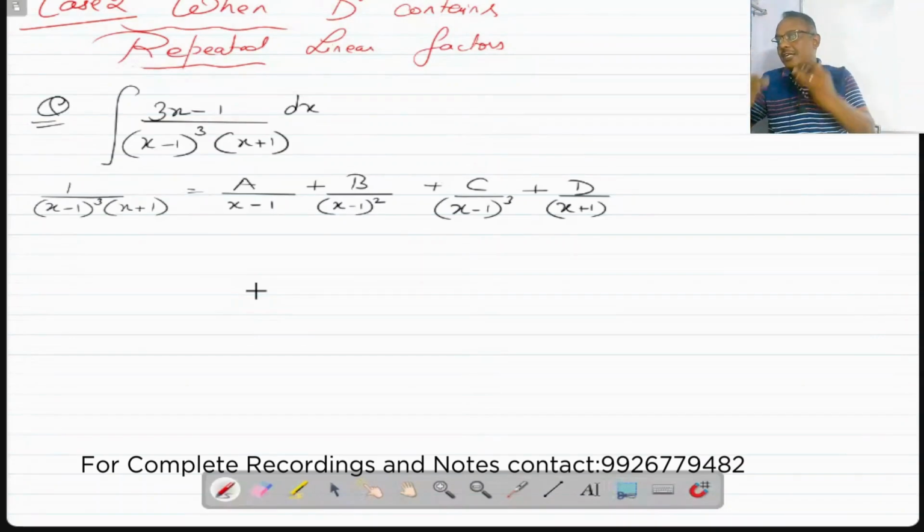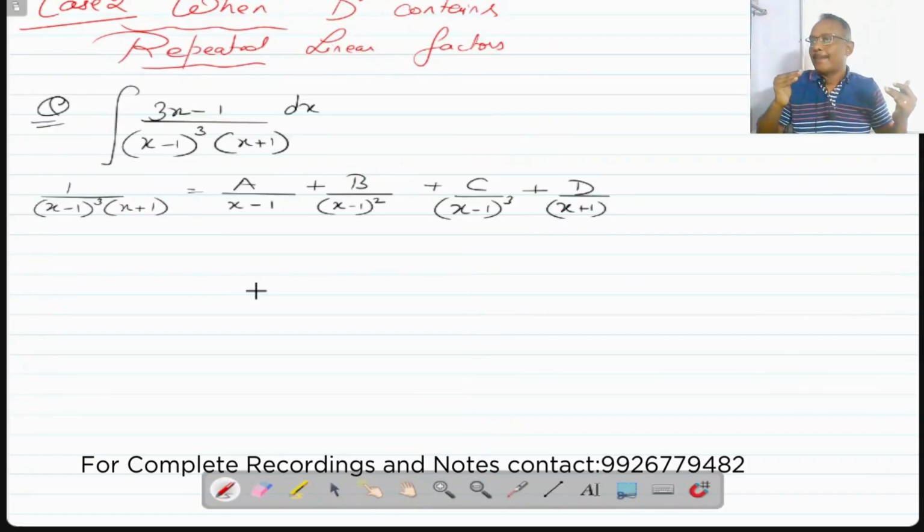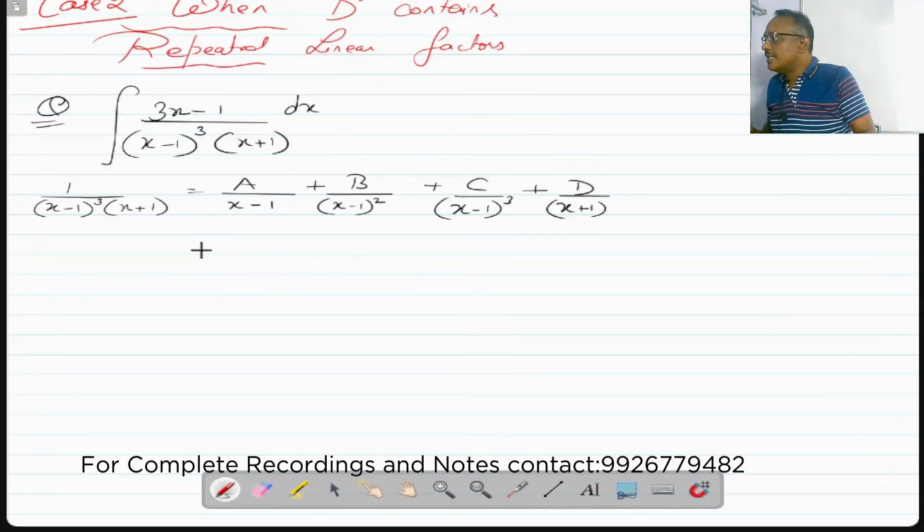Whatever the power is, take the power step by step. Understood? And then when you take the LCM, बेटा LCM is x minus 1 का क्यूब x plus 1.